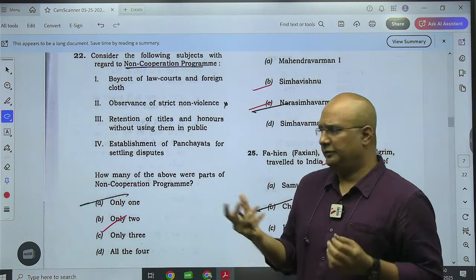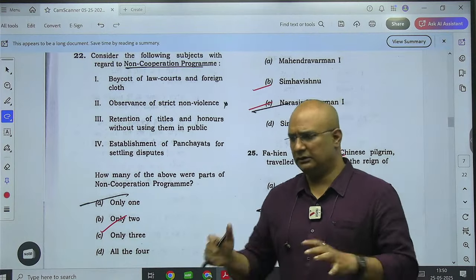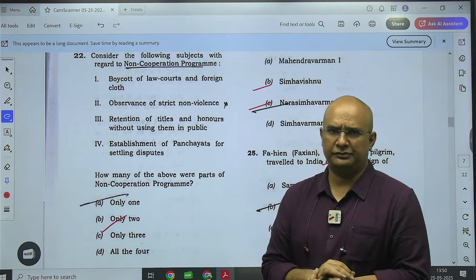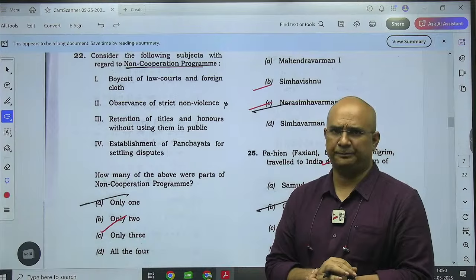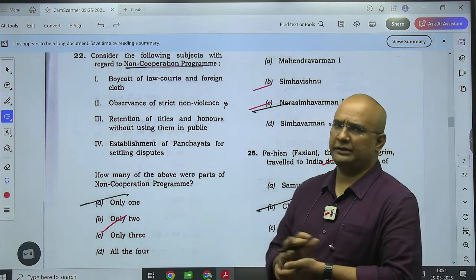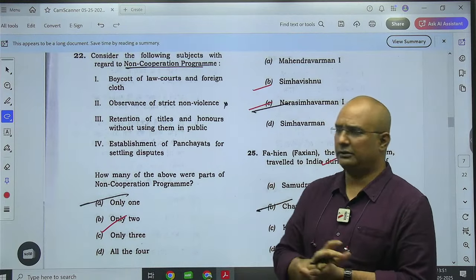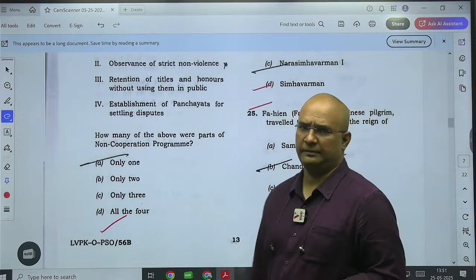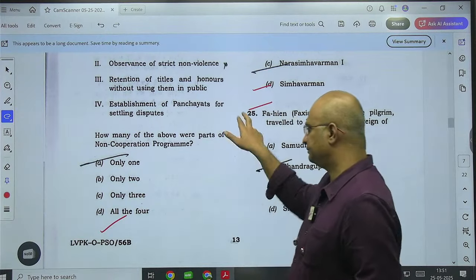We all know Gandhi has always been focusing on grassroots democracy. Article 40 of the Indian Constitution also talks about a Panchayat Raj system, and that was introduced primarily because of Gandhi's insistence. Because this movement is also led by Gandhi, statement 4 is also correct. So for this, only 3 statements are correct. Fine. C.